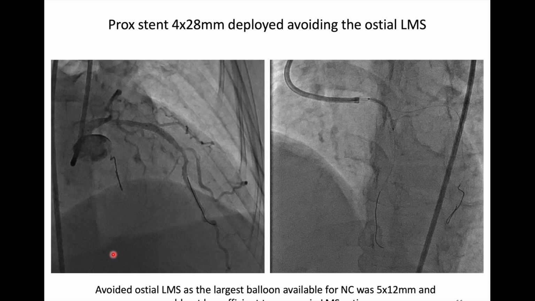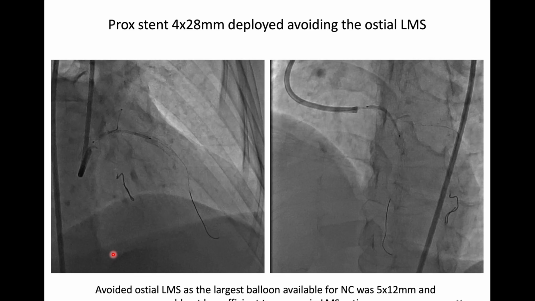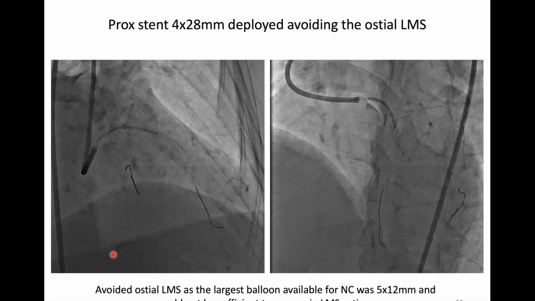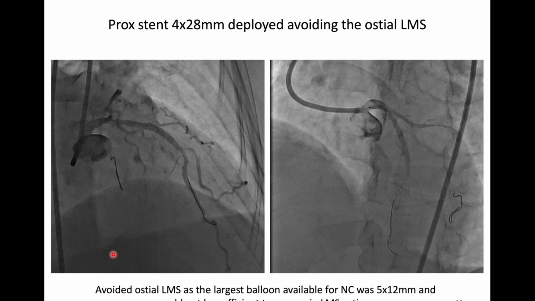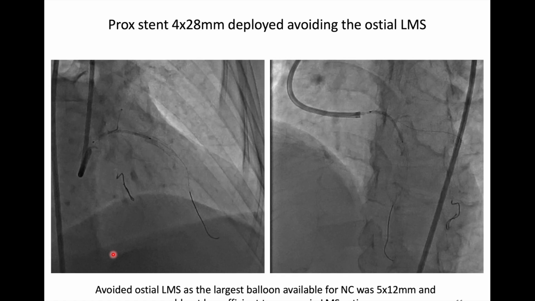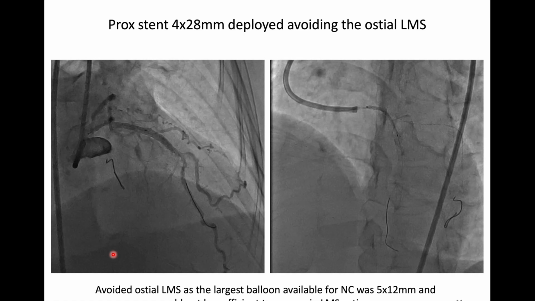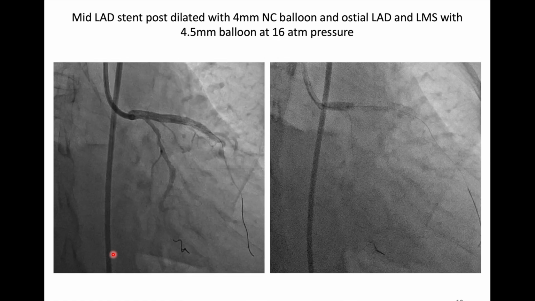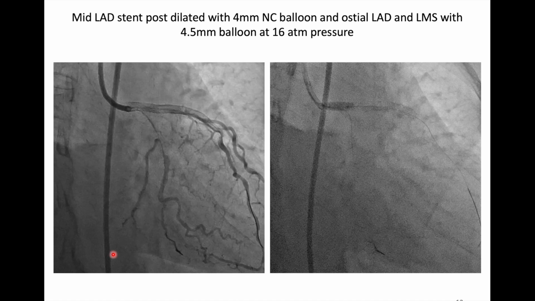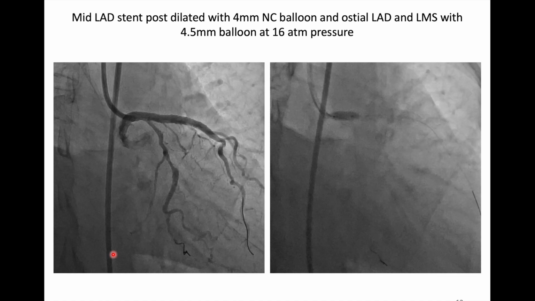And then that's a 4 by 28 millimeter stent which is stopping before the ostium. It is staying in the shaft because I know that this is 5 millimeter diameter here. And then that is the final result. Looks good.